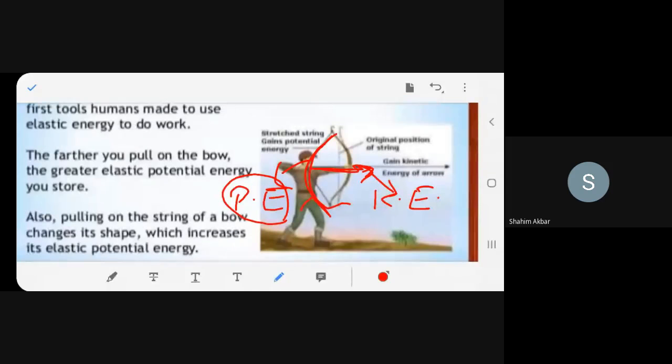So from the stretched string, the potential energy got converted or transformed to the arrow as kinetic energy, which made it fly. Is it clear? Yes, ma'am. Thank you.